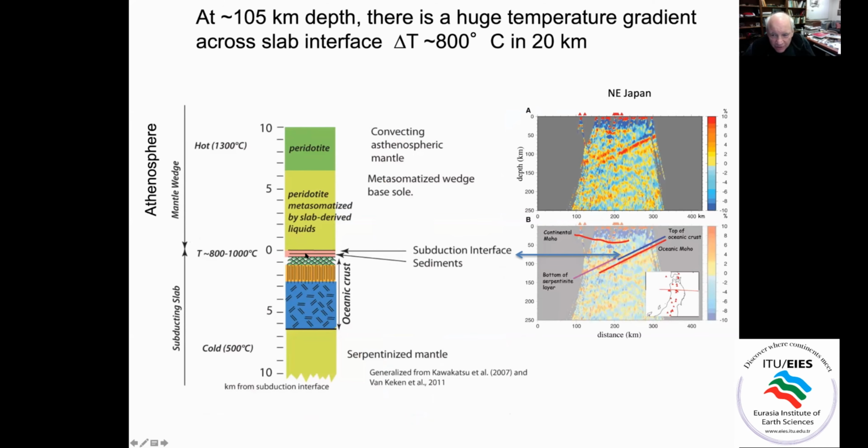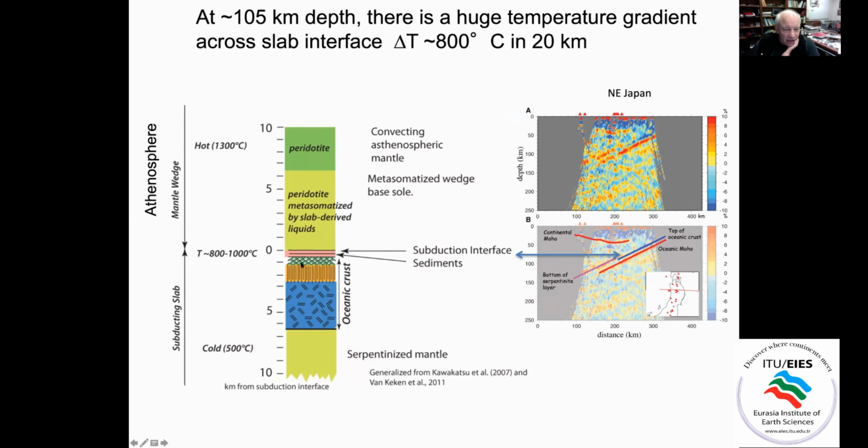This is the subduction interface, say about here. And this is 10 kilometers above that interface in the mantle wedge. This is 10 kilometers below that interface in the subducted plate. So down here, 10 kilometers below the subduction interface, things are pretty cold.